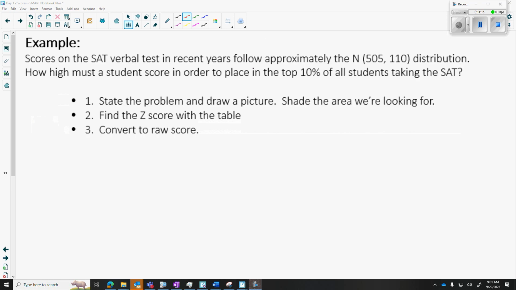It says we have the SAT verbal test. Notice the SAT verbal test is actually a standardized test. And it says that it is N, meaning normally distributed. So the first thing I want you to know is this notation means normally distributed with this mean and this standard deviation, respectively.